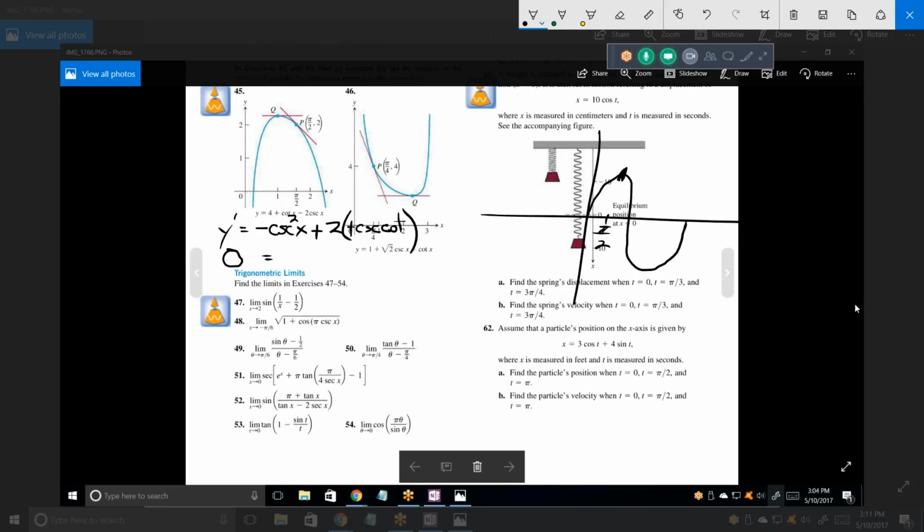And solving that equation might be easier said than done. Let's see. We got 2 cosecant x cotangent x.